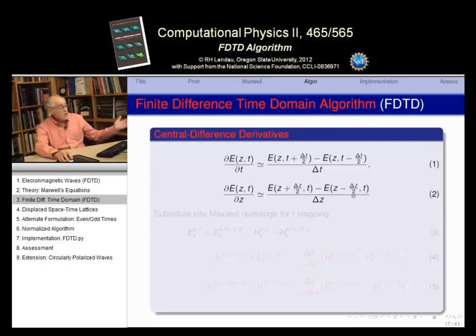So we have a half step difference between the first and second equations in space. The same in time. The second equation has time t, but the first equation has time t plus delta t over 2 and t minus delta t over 2.